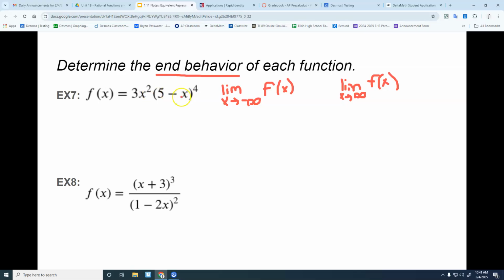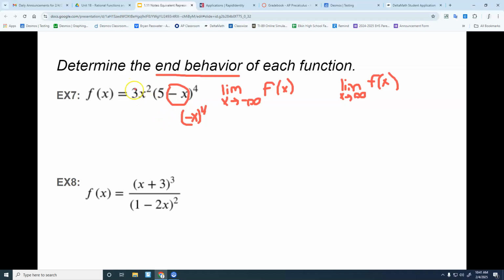Now, 7, I could really do this without expanding it completely. Because I'm raising this to the 4th power, and this is just a negative x right here, right? So that very last term is going to be negative x to the 4th power.